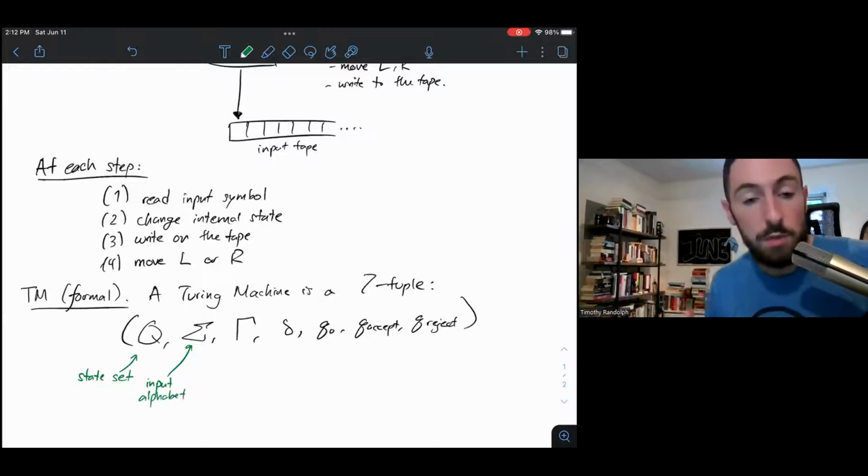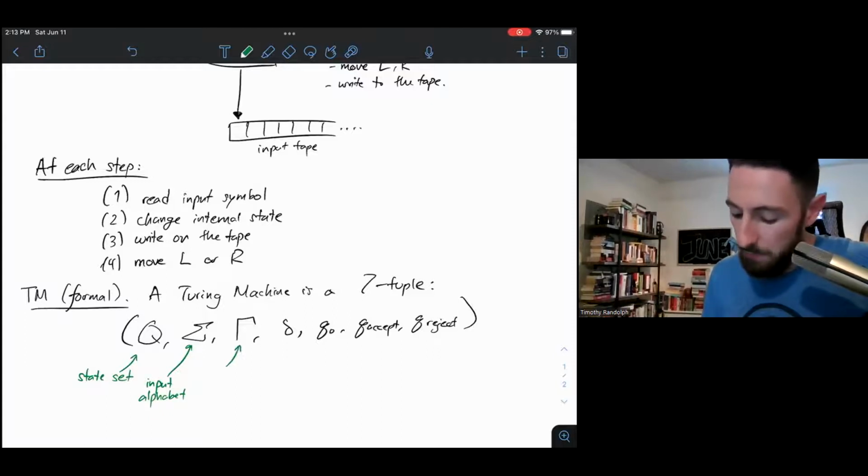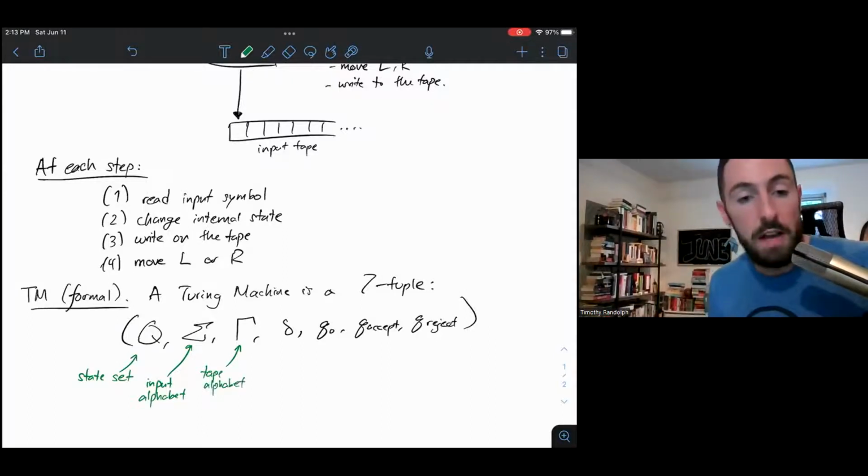The reason we distinguish sigma from gamma is so that we can restrict what we have as input on the tape. The reason we have gamma, our tape alphabet, is so that we can read and write things on the tape that are not allowed to be an input, like those $ we use frequently when we're talking about pushdown automata. The tape alphabet will let us use other symbols at our convenience.